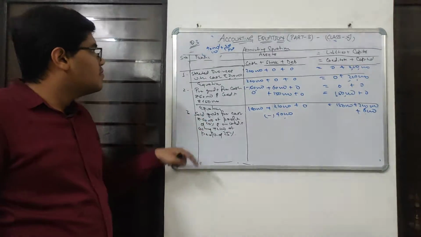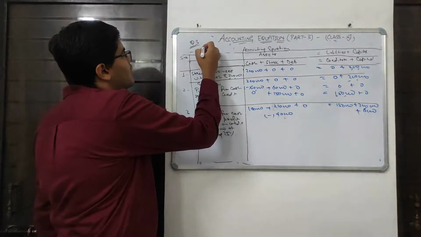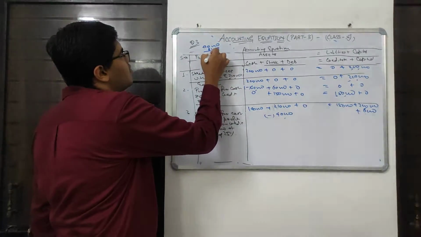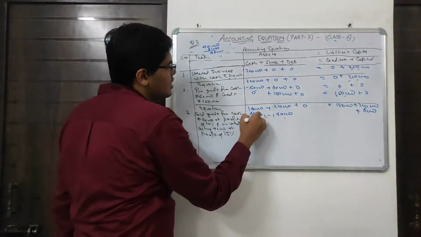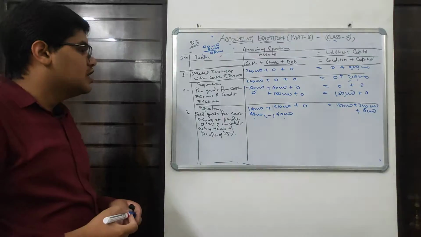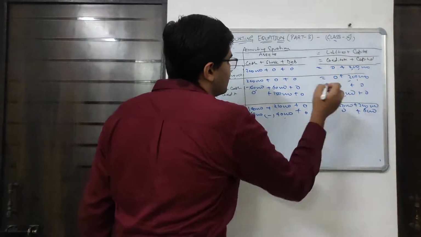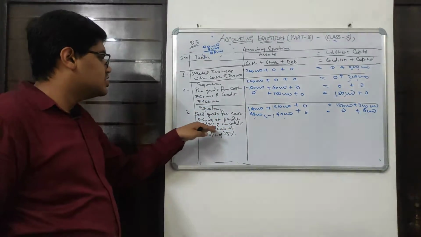Now what is the total cash? 40,000 cost price plus 8,000 profit, so total 48,000 will be added in cash. No change in debtor, no change in creditor. The second part of the question states that goods are sold on credit costing 72,000.